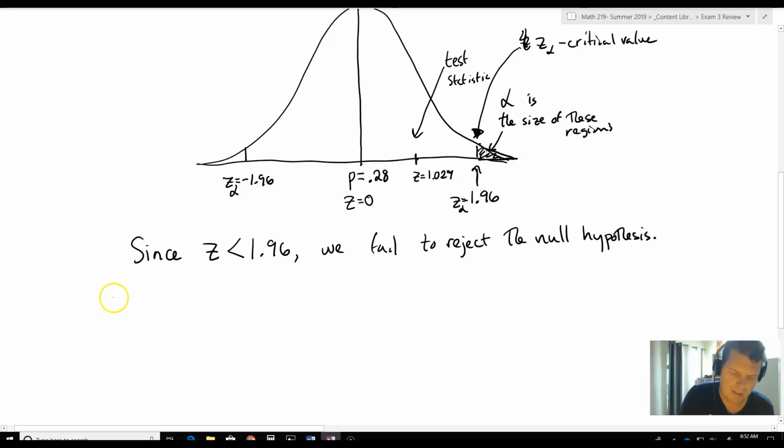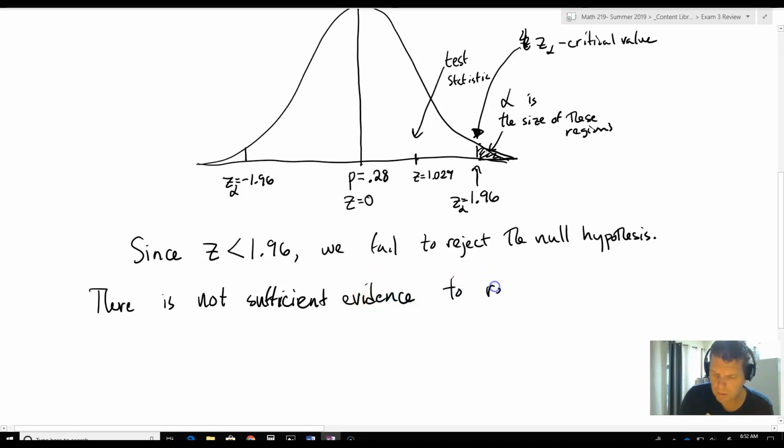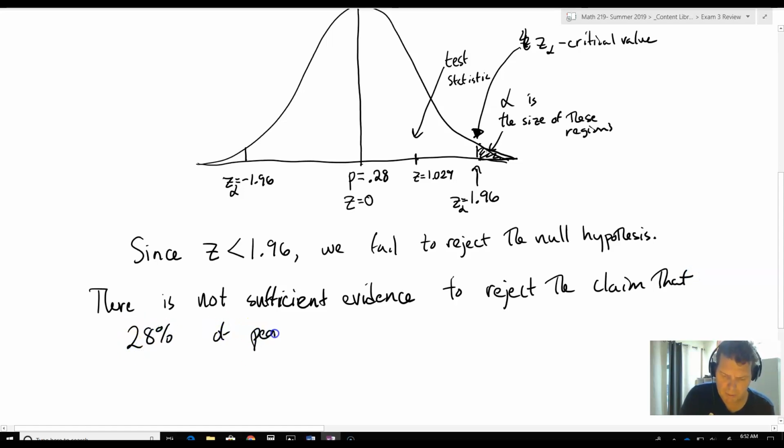And then I write my conclusion: there is not sufficient evidence to reject the claim that 28% of people believe the moon landing did not happen.